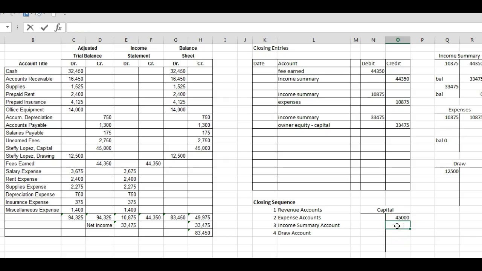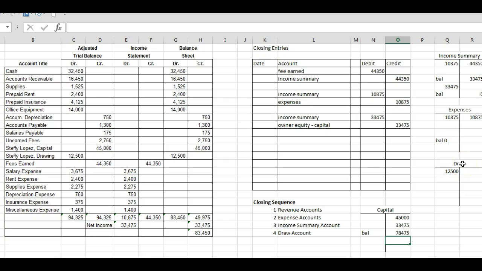We're adding $33,475. So it now has a balance of $78,475. Is that what that's supposed to be? Do you remember, on your balance sheet it should be $65,975.